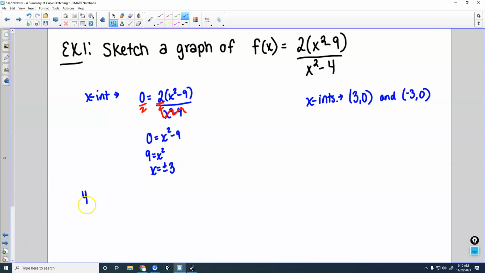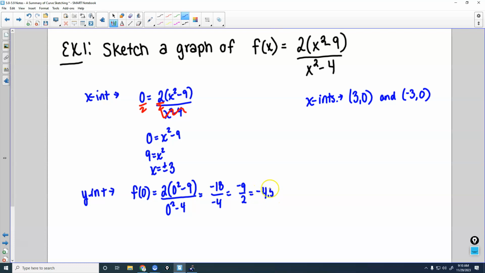Okay, let's also do the y-intercept. What do we do to find a y-intercept? x equals 0. So if we just do f of 0, we'll get 2 times 0 squared minus 9 over 0 squared minus 4. We're going to get negative 18 over negative 4, which will reduce to negative 9 halves, and I might even do a decimal there, 4.5.